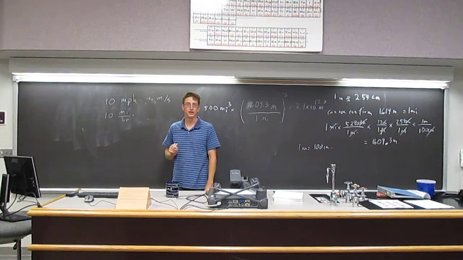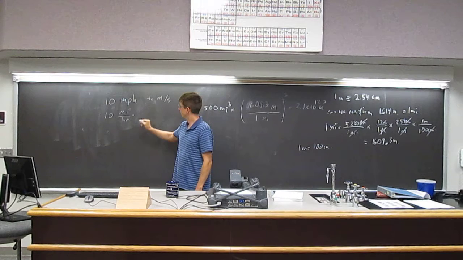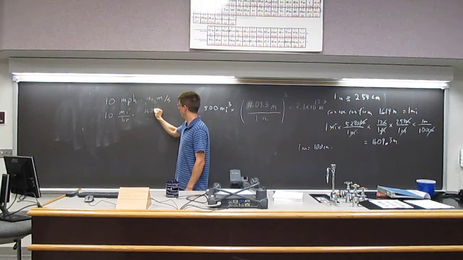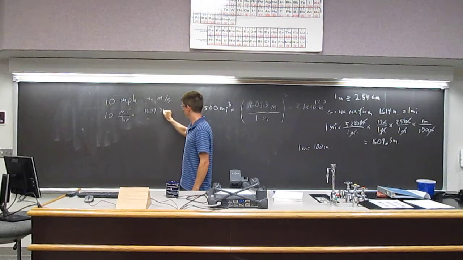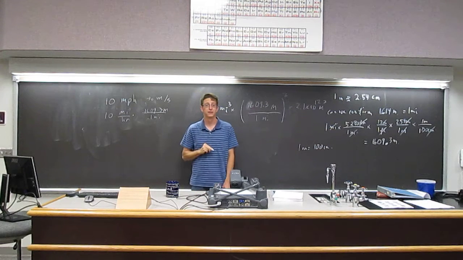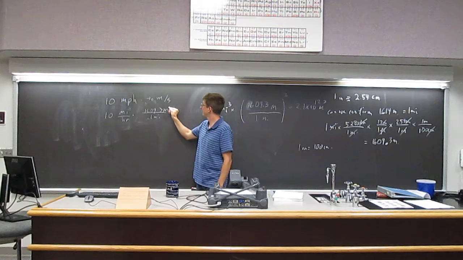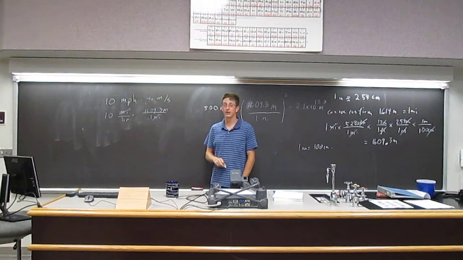Shall we do meters to miles directly? Save a step or two. All right, 1609.3 meters is 1 mile. If I cancel the unit here, I'd be left with meters per hour.